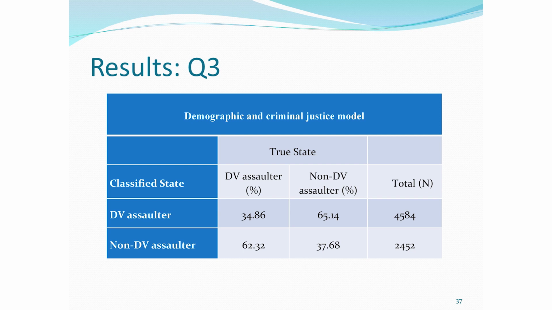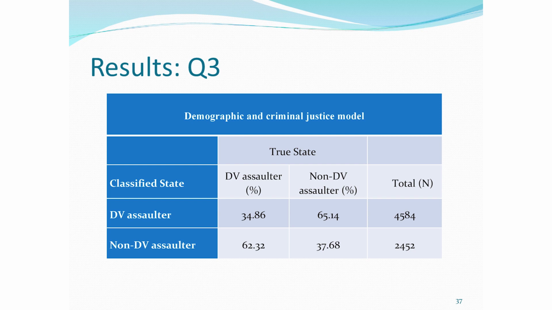For example, we correctly classified 35% of the DV assaulters as DV assaulters, but we were wrong 65% of the time. Of the people we classified as a DV assaulter, 65% of them turned out to be non-DV assaulters.